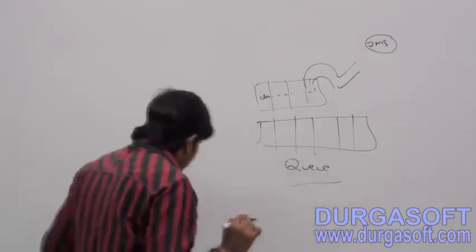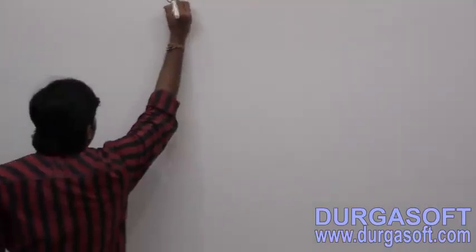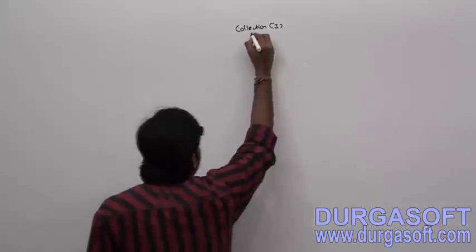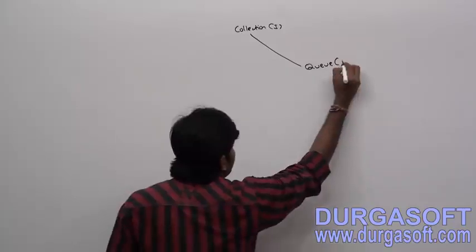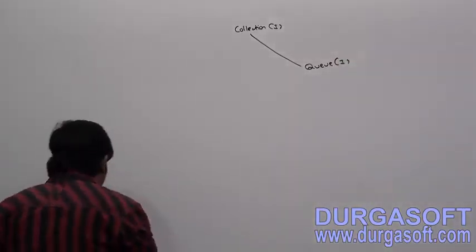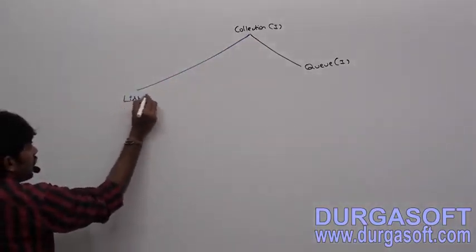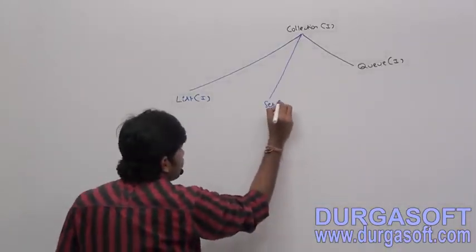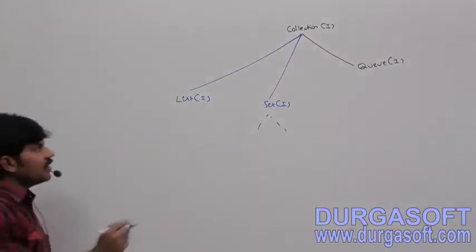Now this queue module we have to discuss. Here just observe what things we have to be aware of. Collection is there. Next here is the queue concept. In the middle we have the list concept and also set.